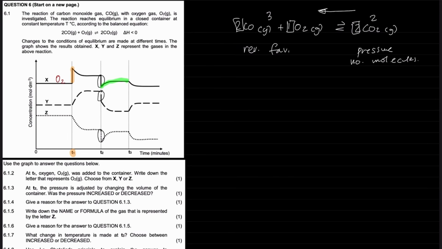So if the reverse reaction was favored, it means that the side with more molecules was favored. Why would the side with more molecules be favored? It must be if the pressure was decreased. So the answer here is that the pressure was decreased.